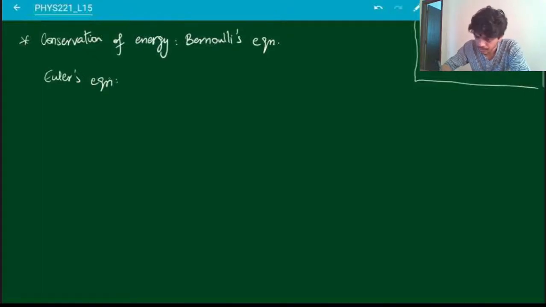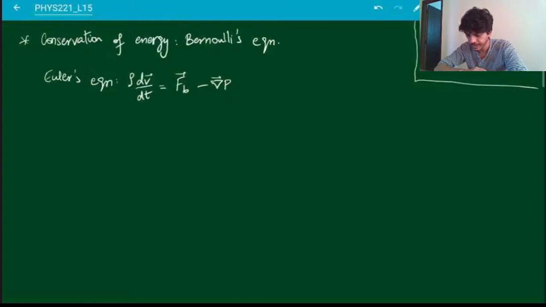Let me write down Euler's equation. It says rho times rate of change of the velocity is given by the body force Fb minus gradient of P. Remember, this body force is any external force that might be acting on your fluid per unit volume.